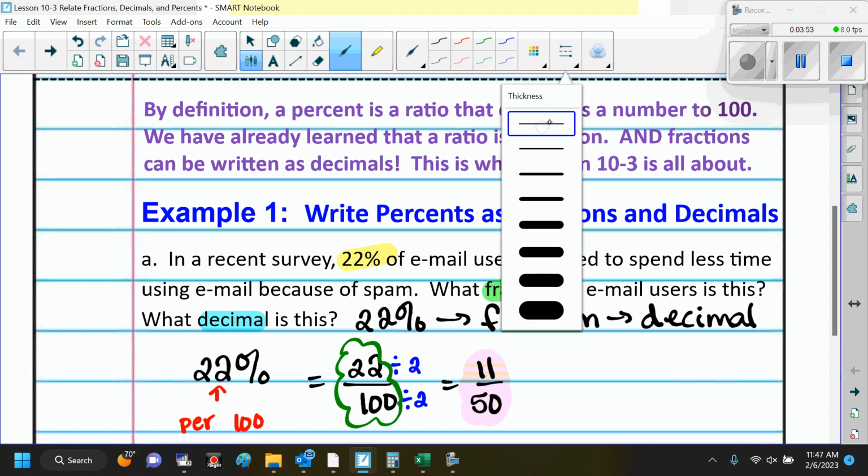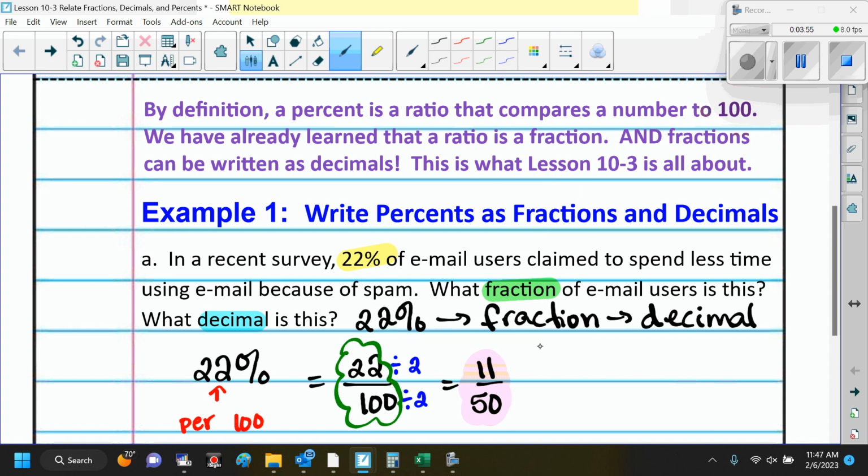So let's just review the place values. Remember, in the place values, we have tenths. Make sure you write these down. Tenths, hundredths, thousandths, we have 10,000 and 100,000, so but you get the idea, right?